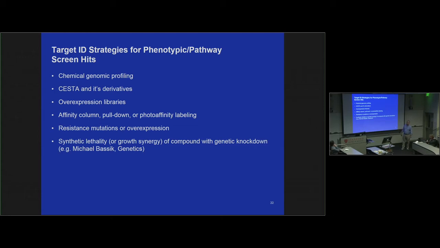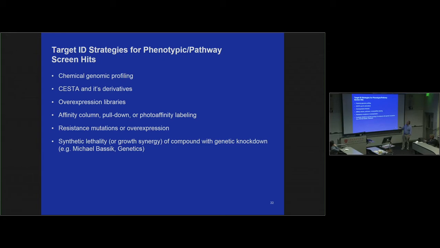CETSA is a way of thermally denaturing proteins in a lysate or in a cell, and then being able to figure out what the compound is interacting with using mass spec or antibodies. I mean, there are different flavors of this. You can overexpress proteins in an array, for instance, and see if any overexpression shifts your dose response.